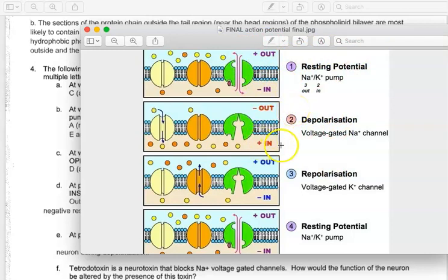Once you're trying to use an action potential, you want to depolarize. That means that you want the inside to start becoming positive. And the way that you can do that is that you can use a voltage gated sodium channel, and that just means allowing some of the sodium that you pumped out to come right back in. As you're allowing the positively charged sodium to come right back in, you're allowing a positive charge inside that cell, in the cytosol of that cell.